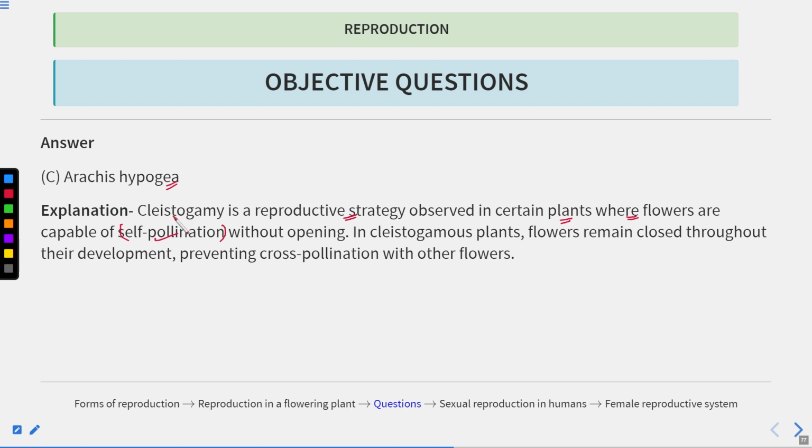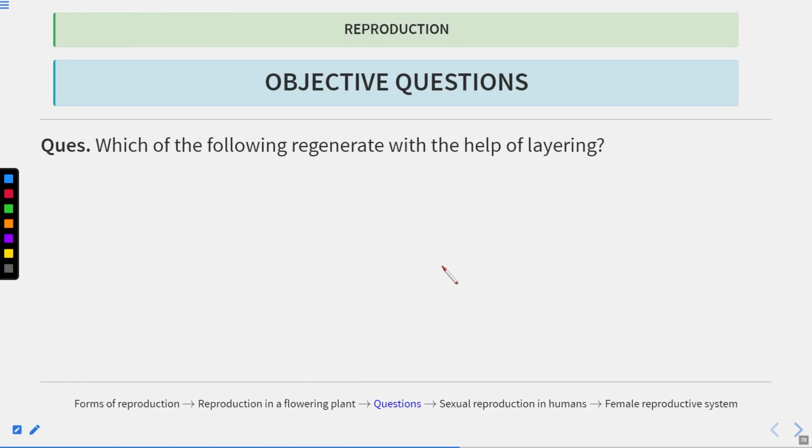So here self-pollination takes place without opening of the flowers. In a clastogamous plant, the flowers remain closed throughout their development, preventing cross-pollination with other flowers. Clear? The flowers which remain closed are known as clastogamous flowers.